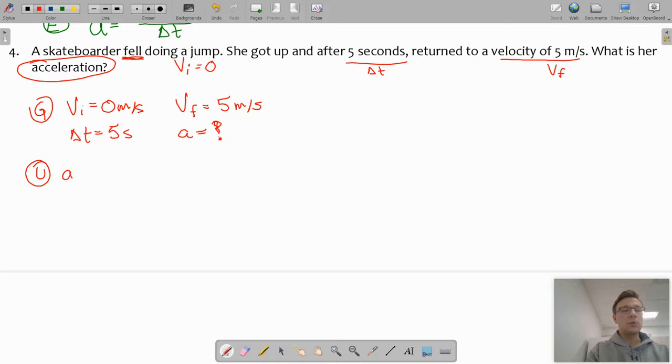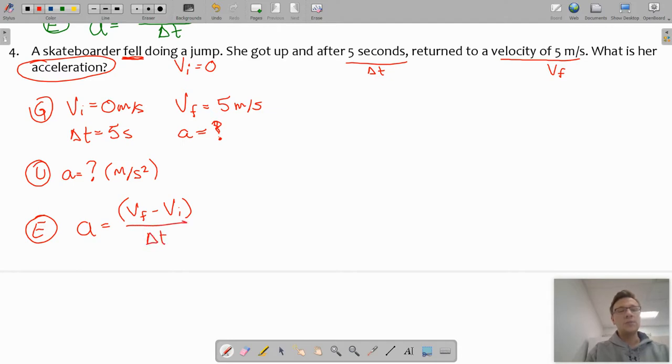So again, we're going to rewrite our unknown and then write out the units for the unknown, which are meters per second squared. The equation that we will use is the same as always. Acceleration is the object's final velocity minus the object's initial velocity divided by the change in time, or the time interval.